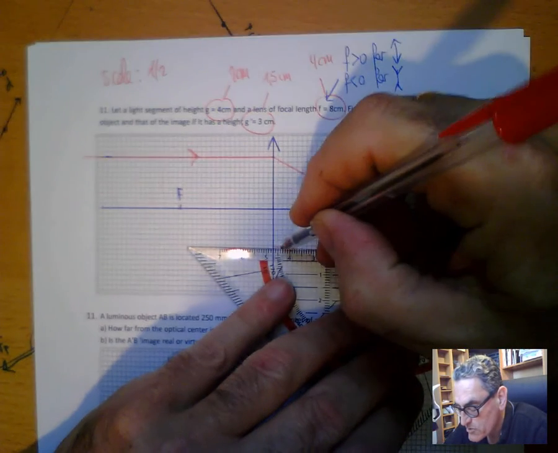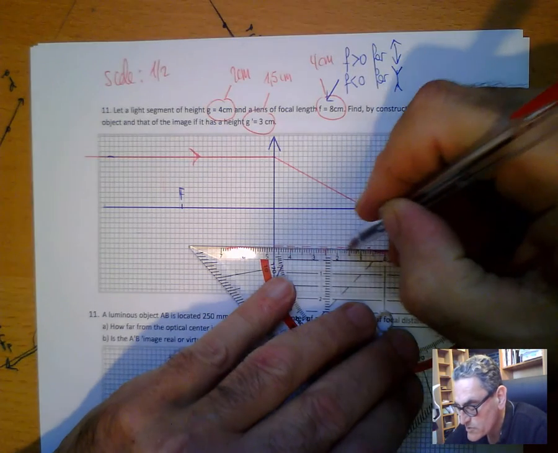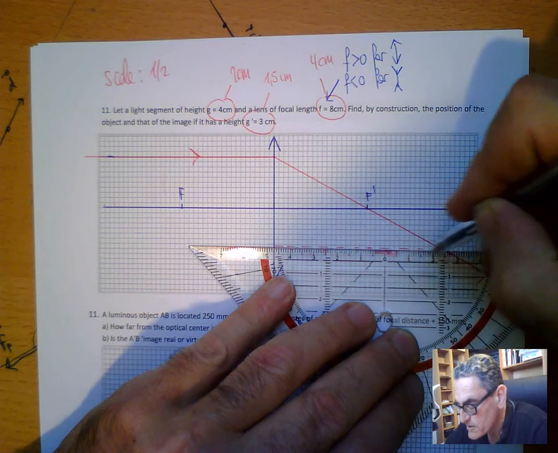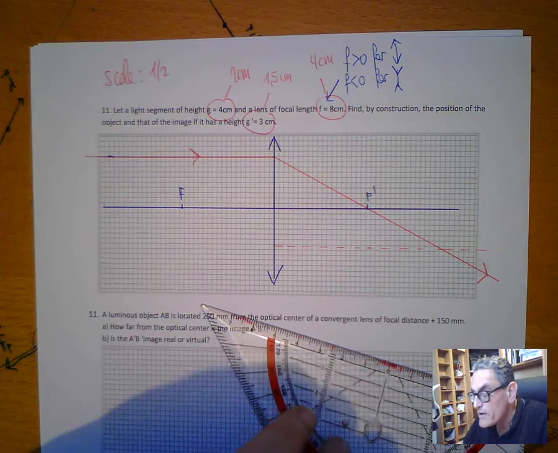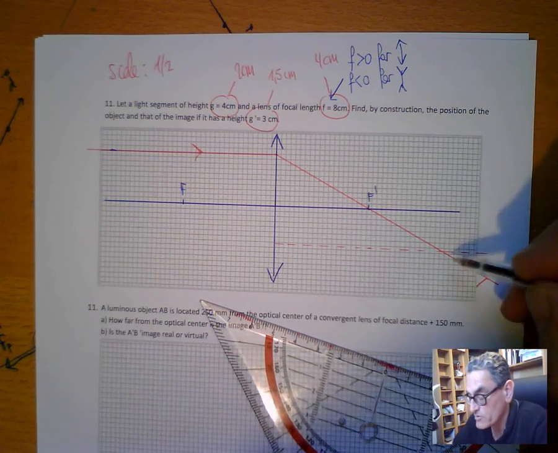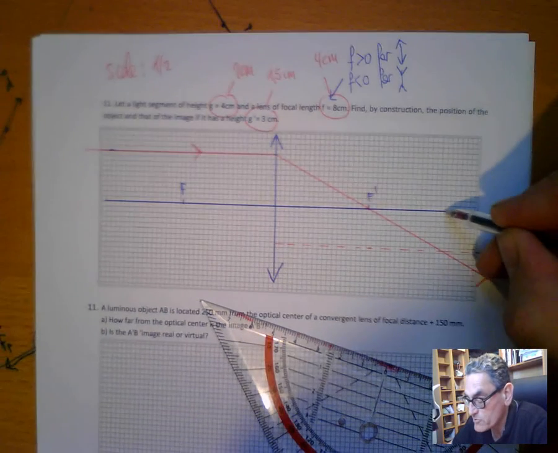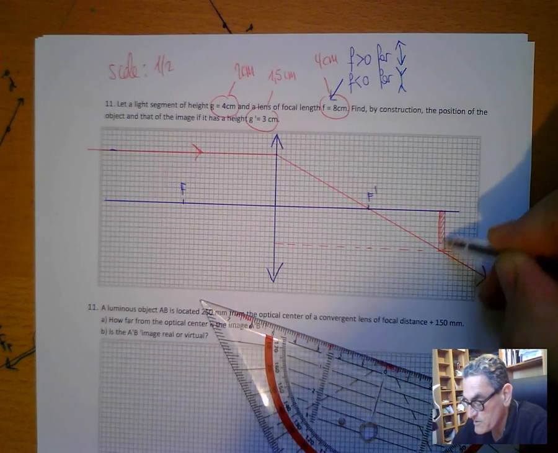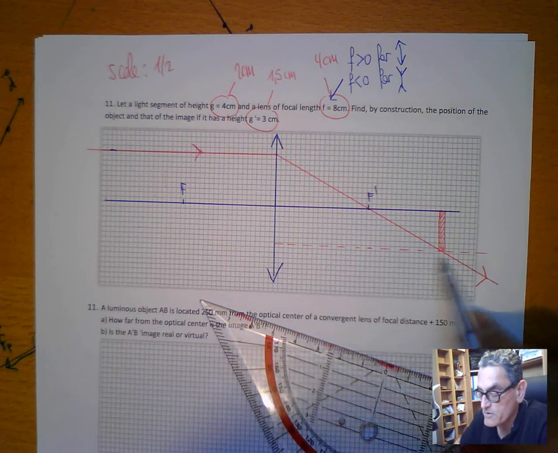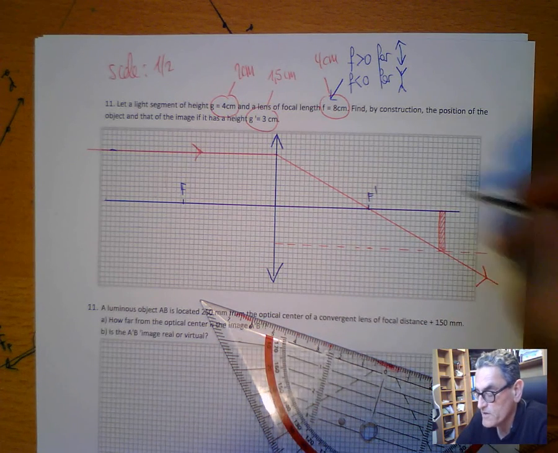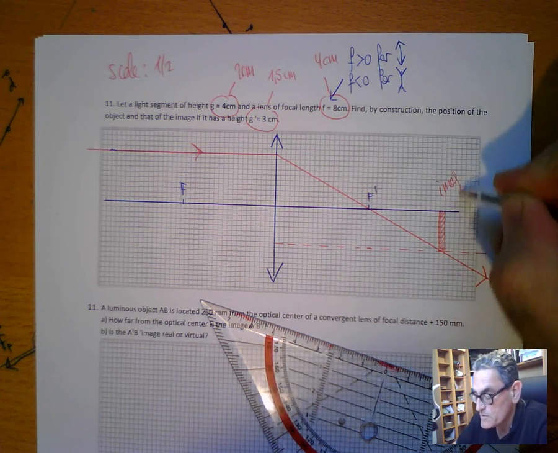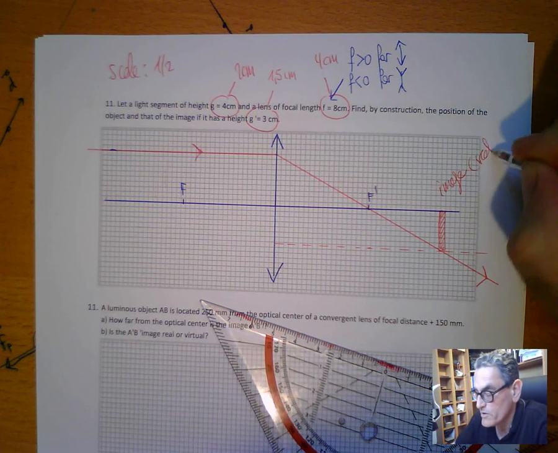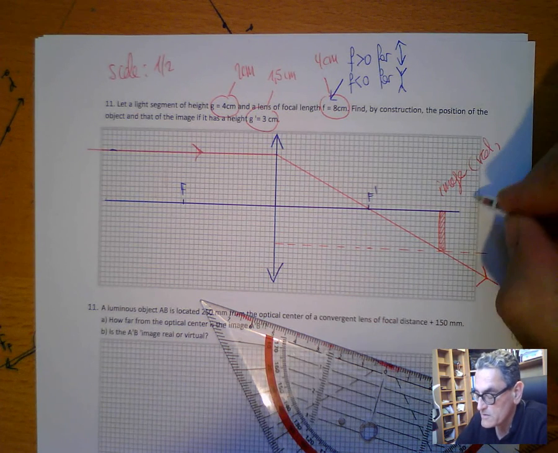Okay, I don't know exactly where, but it has to arrive here. Okay, and now where is the point where we can construct an image of the height 1.5 centimeters? It's here. Okay, this immediately determines the position of the image. This is the image. It's real and inverted.